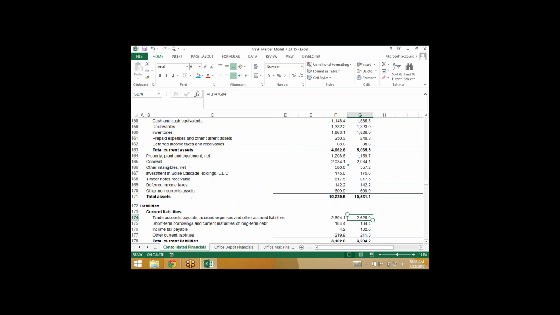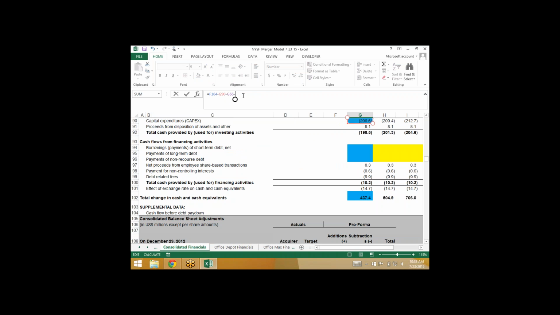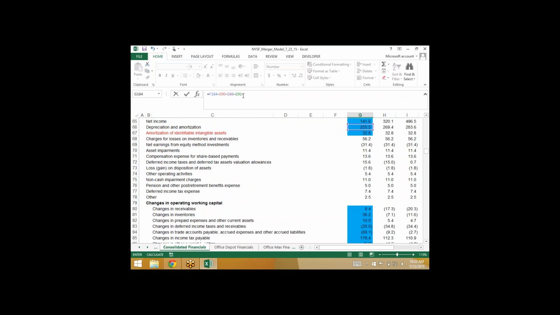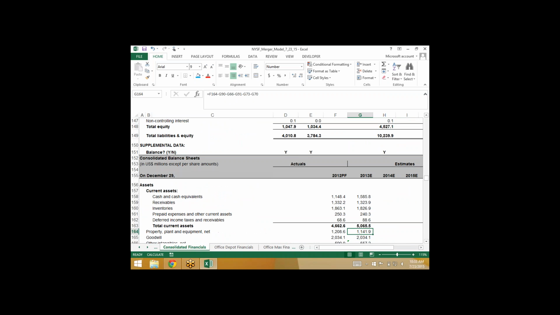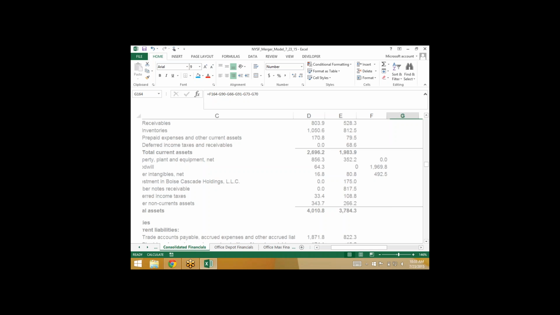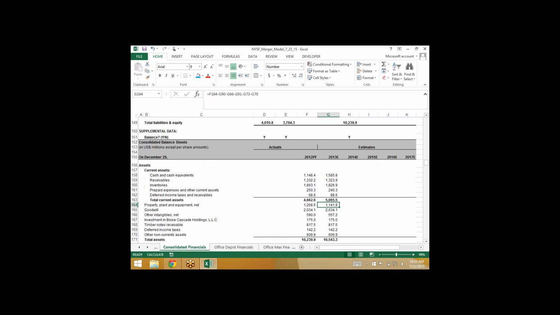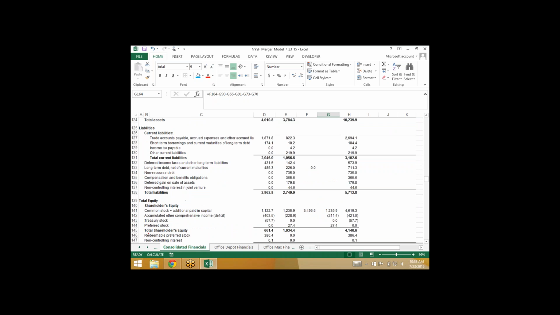So I'm going to append the PP&E formula to tack on a couple more things, minus the proceeds from disposition of assets, minus the gain and loss, minus the impairment, and I'm going to highlight those to make sure I've used them in the cash flow.